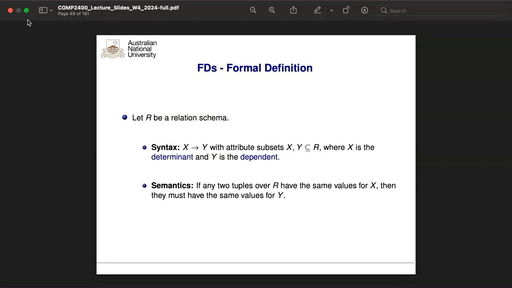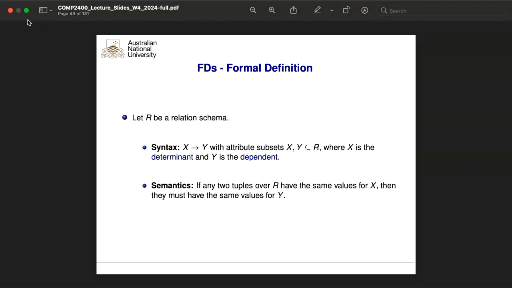Semantically, for a relational database, for any relation with a functional dependency X determines Y, any two tuples in the relation that have the same value for X should have the same value for Y. One thing that is tricky is that this definition says nothing about two tuples with different values in X. It only says that if they have the same value on X, then they must have the same value for Y. If they have different values for X, what would happen?